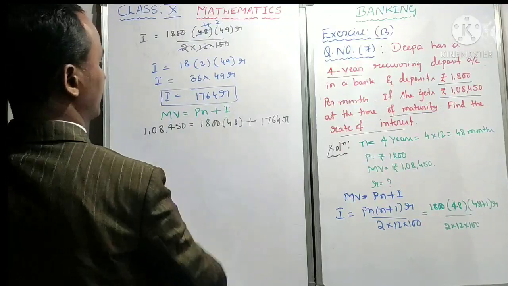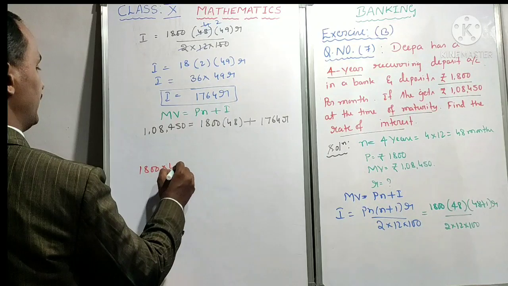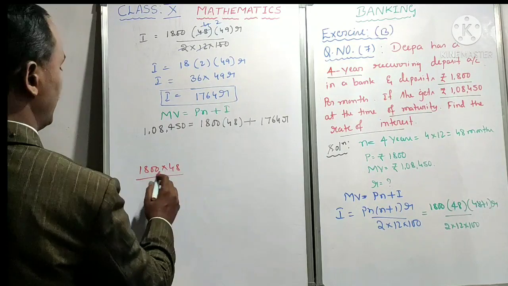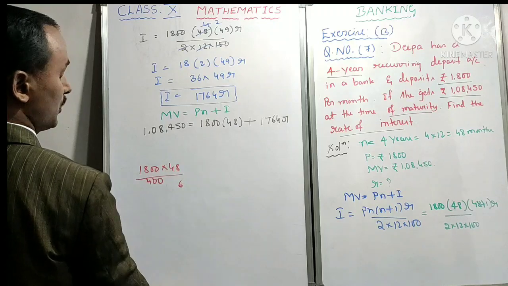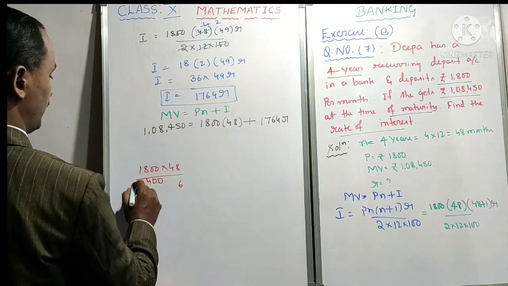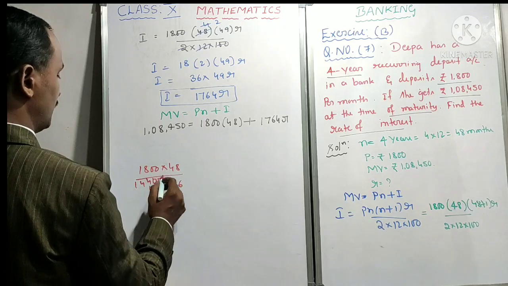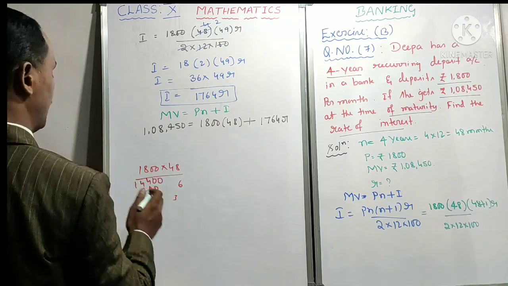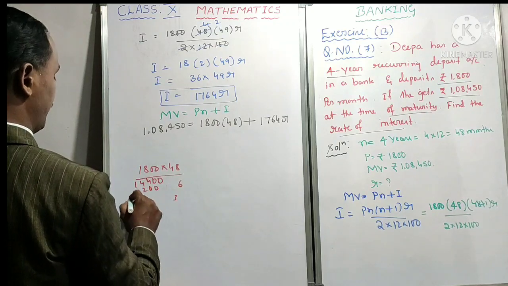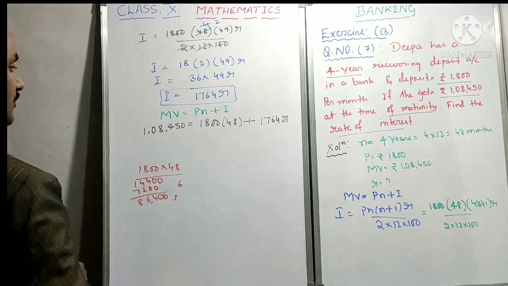See, these two you should multiply: 1800 into 48. 8 into 0 is 0, 8 8s are 64, 6 carry, 8 1 is 8, 8 plus 6 is 14. Then 4 8s are 32, 2 and 3 carry, 4 1 is 4, 4 plus 3 is 7. So we get 86,400.